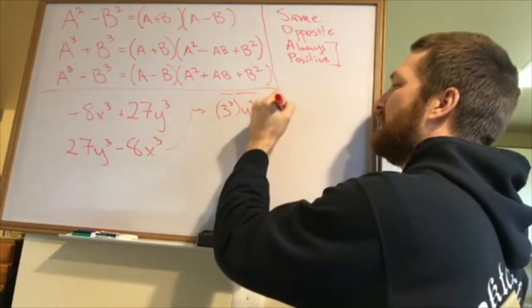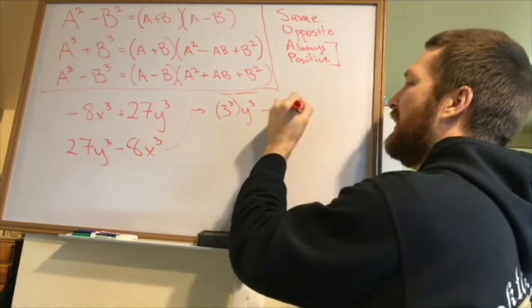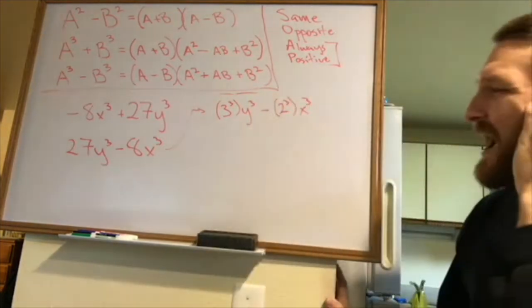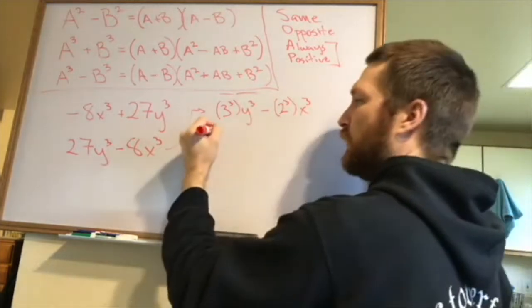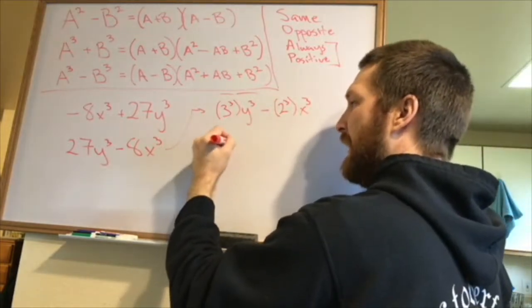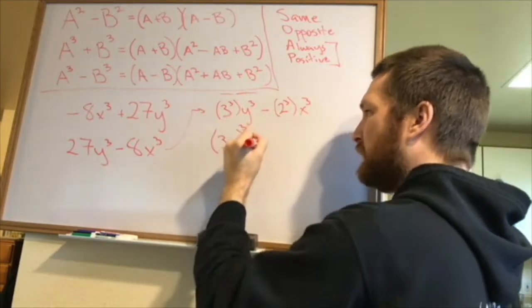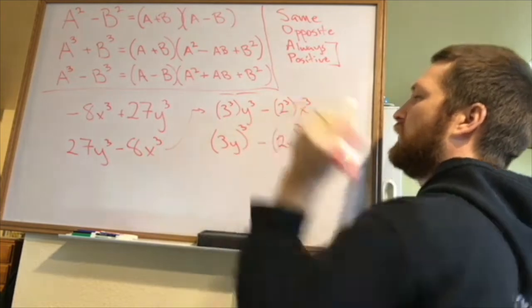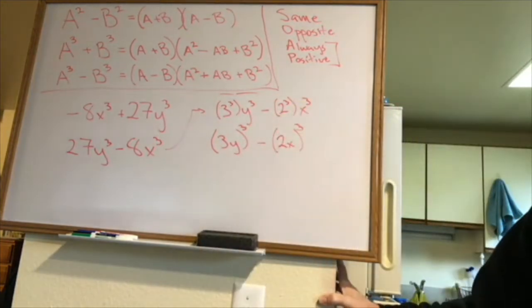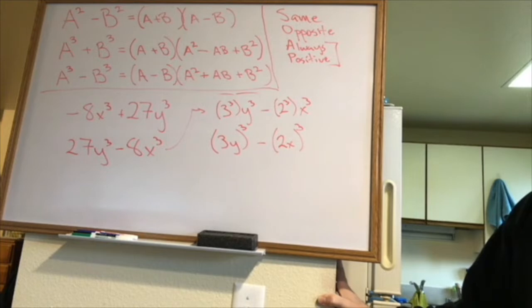So we could say that's the same thing as 2 cubed x cubed. In fact, I'm taking this extra step here, but what I would have done is just rewritten this immediately as 3y cubed minus 2x cubed. I think that works.